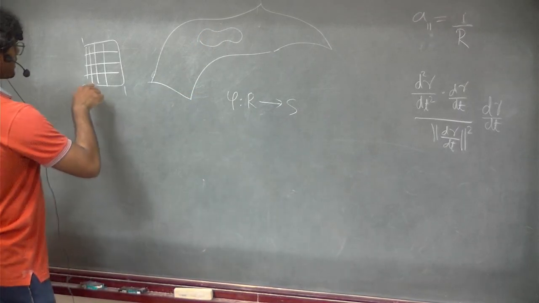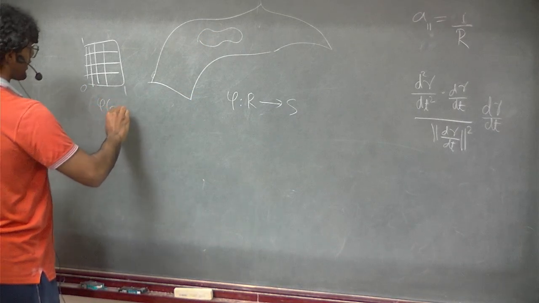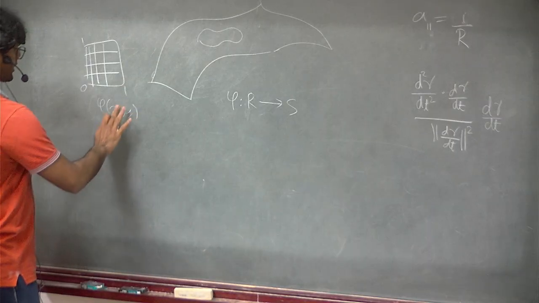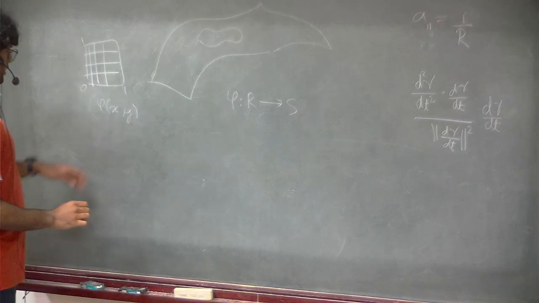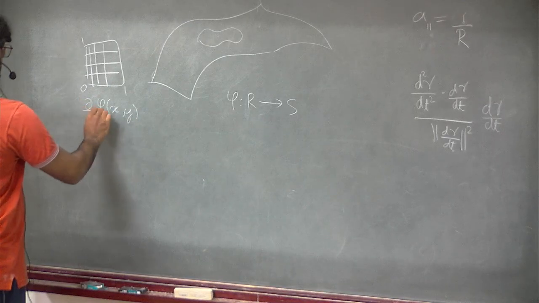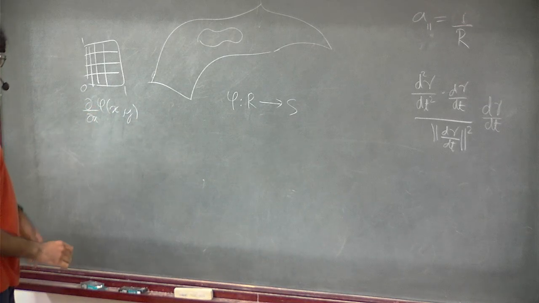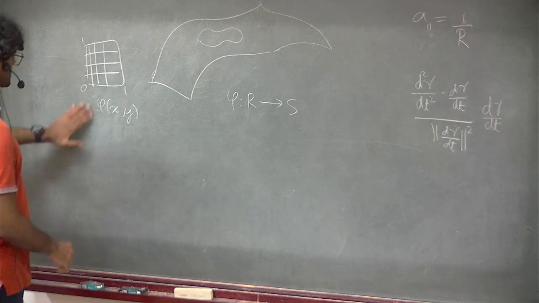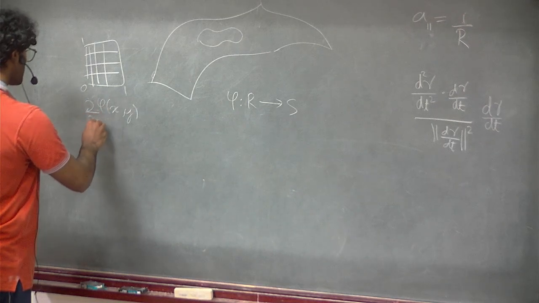This map is also differentiable, in the sense that if you have phi of (x, y) and you keep the y coordinate fixed, this is a single variable function, so that partial derivative should exist and be continuous, and same thing for the partial derivative with respect to y.